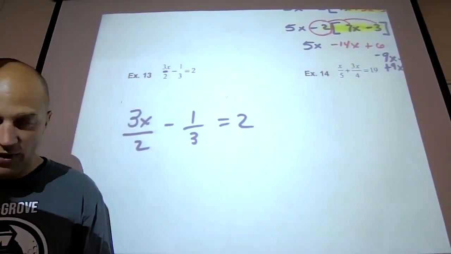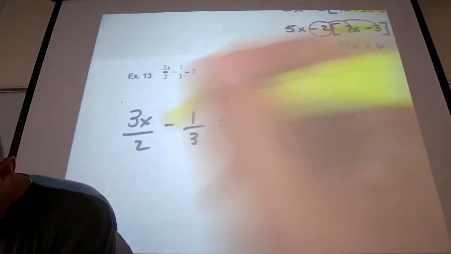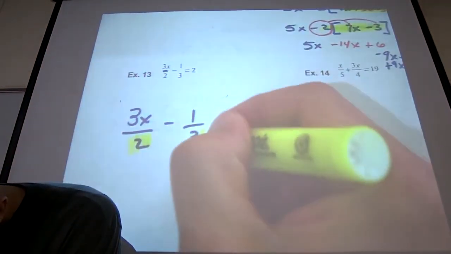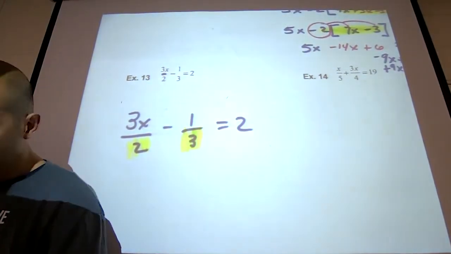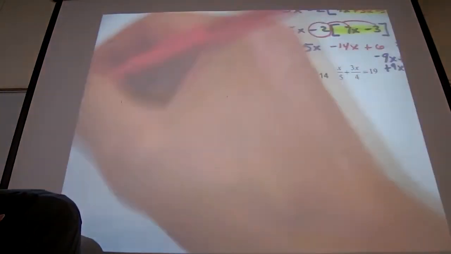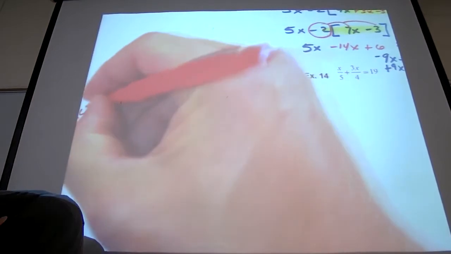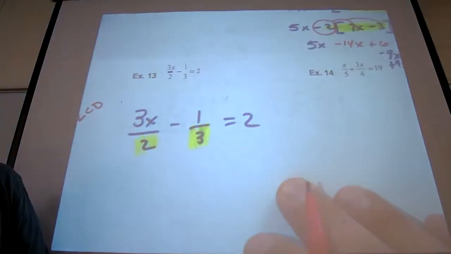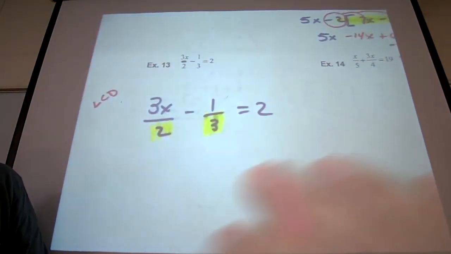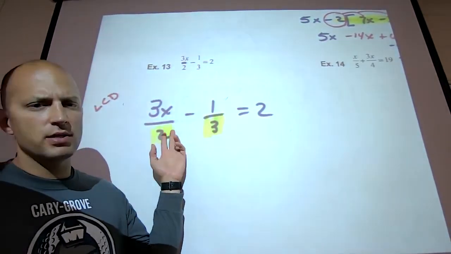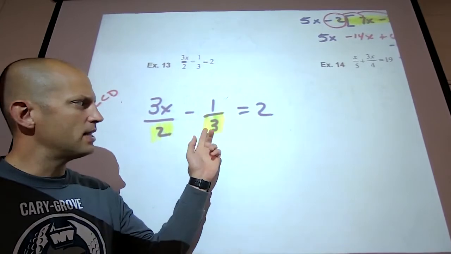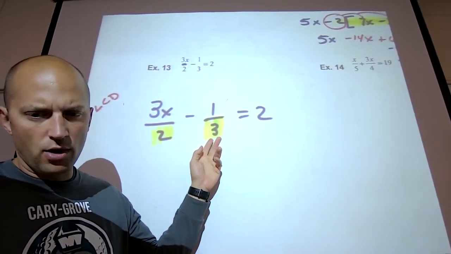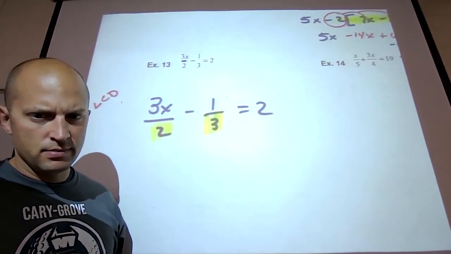So let's get rid of these fractions. Let's get rid of this denominator here and this guy here. Okay? Well, to do that, we need that common denominator. We call that the least common denominator, the LCD. What's the common multiple or the common denominator between 2 and 3? It's got to be at least the biggest one or a multiple of that.